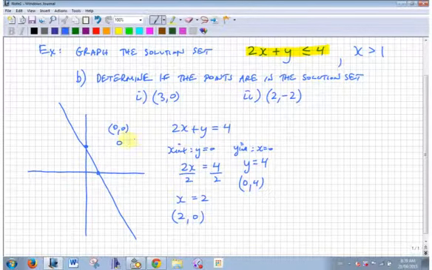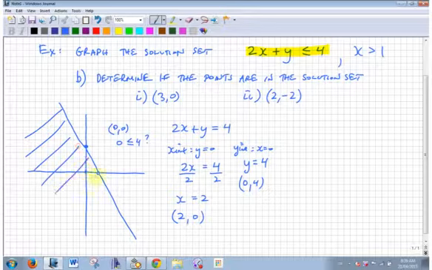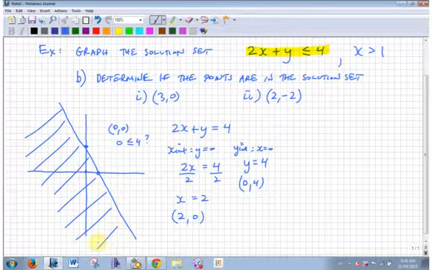Is 0 less than or equal to 4? Yes. So this point is in the solution area. Therefore, everything on that side of the line is a solution. So again, if you can't use (0, 0), then you choose a different point. Doesn't matter which one. There's lots of points here. Pick some.